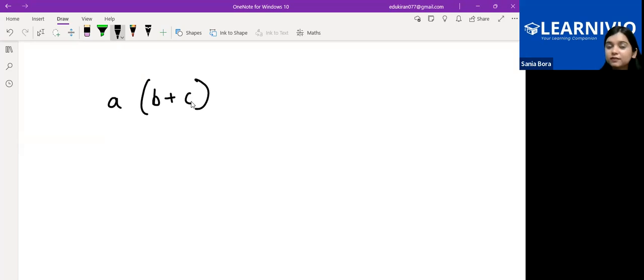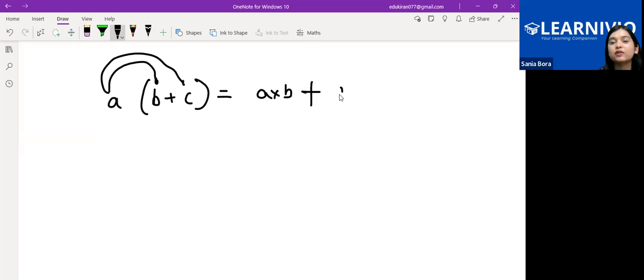So you went inside. First you will greet B, and then C. You will put a plus here, and then you go to C and you greet it: A into C. So AB plus AC. Got it? This is called distributive. You distributed yourself.